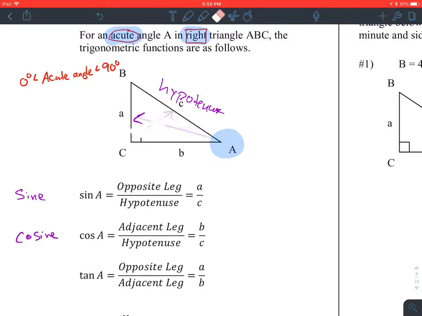This is the adjacent leg over the hypotenuse. C is the hypotenuse. That's why it's B over C. Tangent of an angle, in this case angle A, is the opposite leg over the adjacent leg. That's why it is A over B.